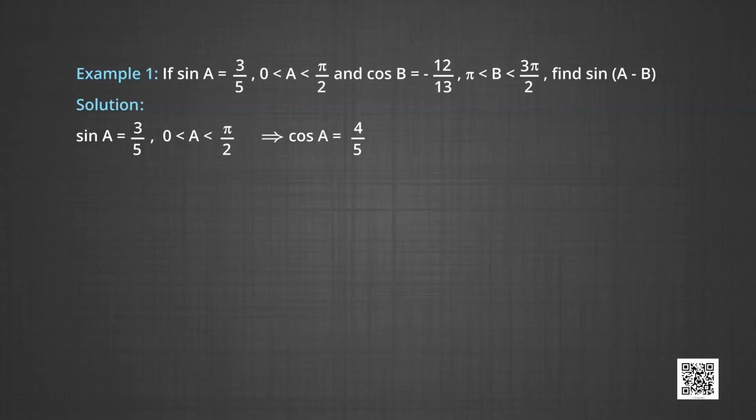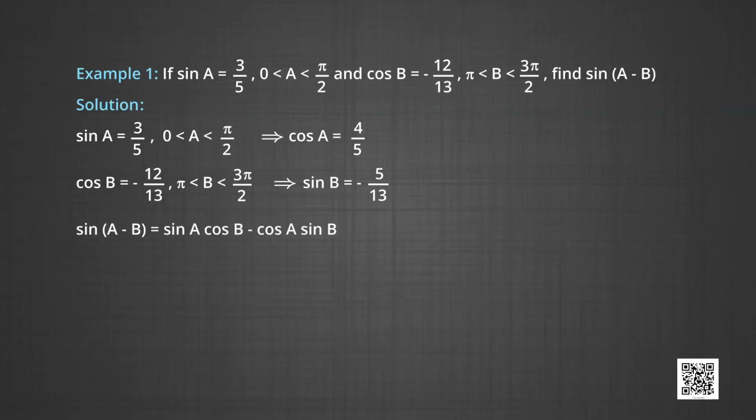Therefore, cos A will be positive and its value will be 4 by 5. Cos B is minus 12 by 13. B lies between pi and 3 pi by 2, that is in the third quadrant. Therefore, sin B will be minus 5 by 13.